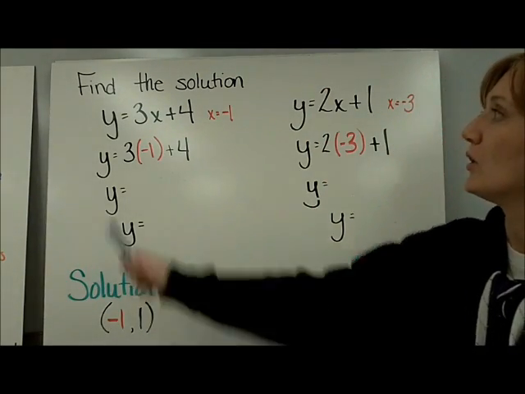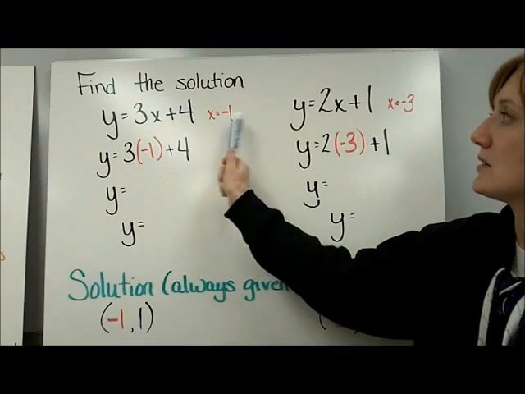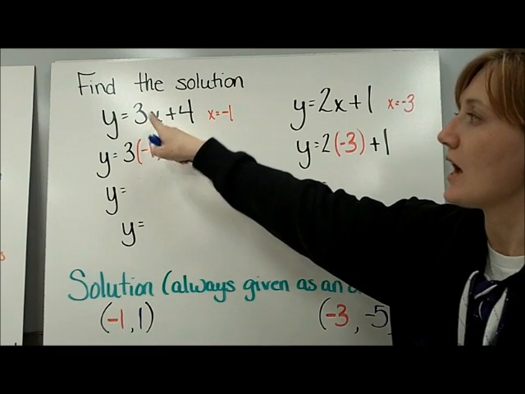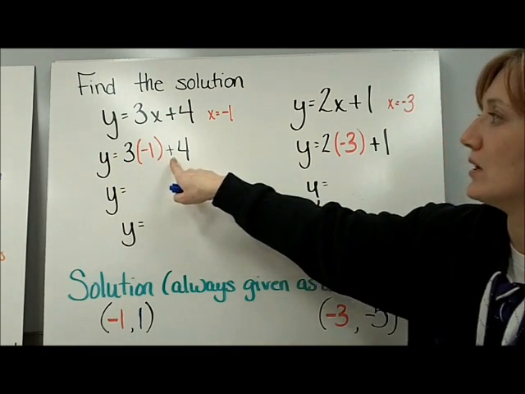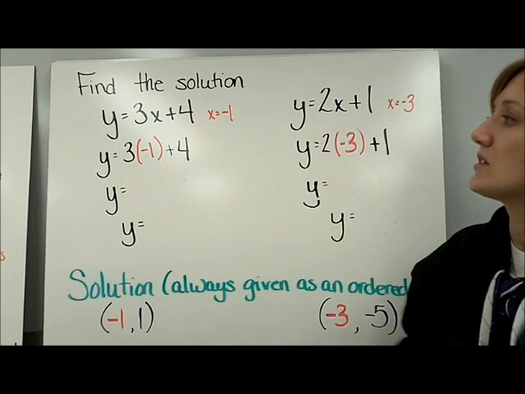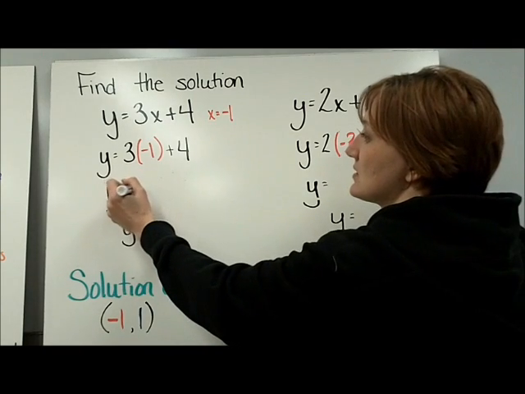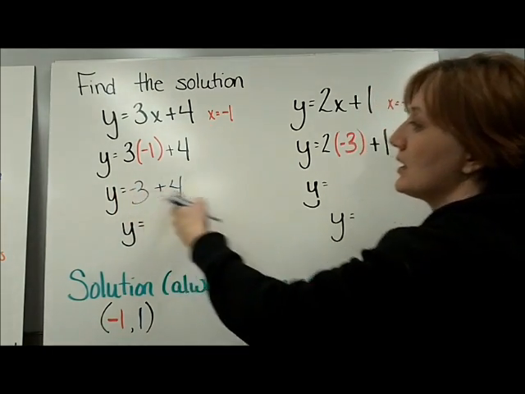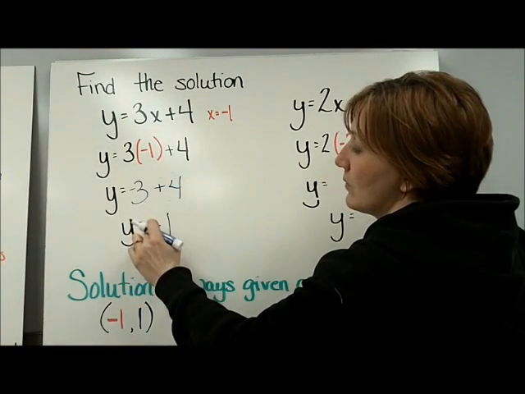Find the solution for the equation y equals 3x plus 4, where x equals -1. We take the -1, replace it for x, and we have y equals 3 times -1 plus 4. 3 times -1 gives us -3, plus 4 gives us 1.